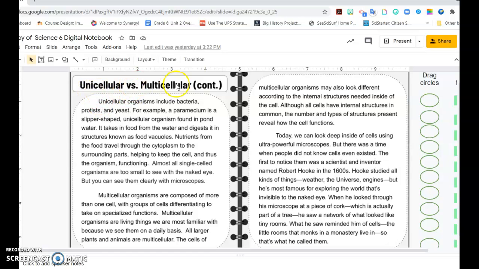Unicellular versus multicellular, continued. Unicellular organisms include bacteria, protists, and yeast. For example, a paramecium is a slipper-shaped unicellular organism found in pond water. It takes in food from the water and digests it in structures known as food vacuoles.